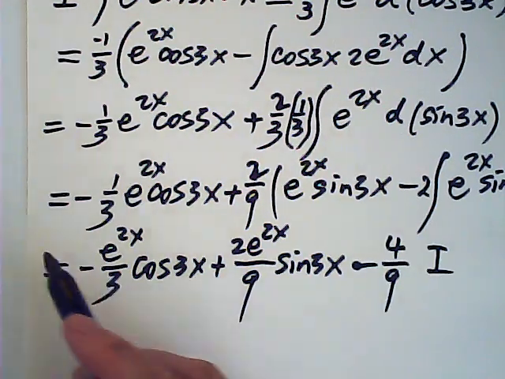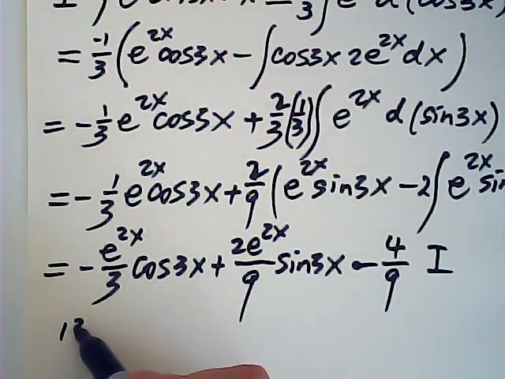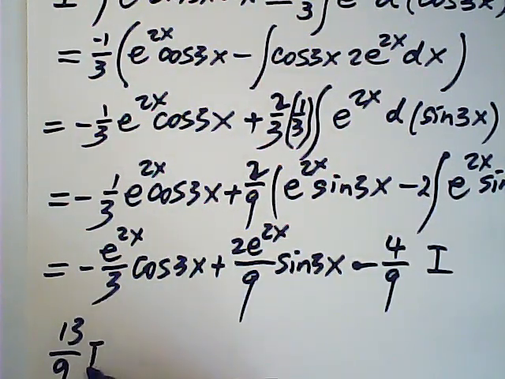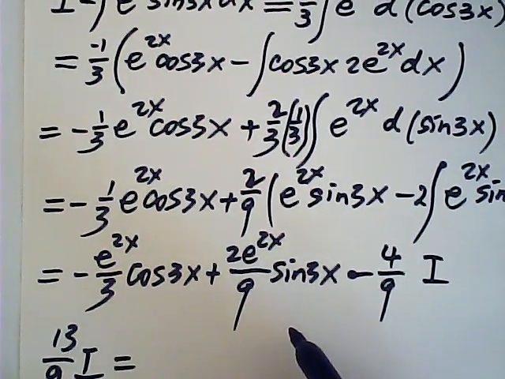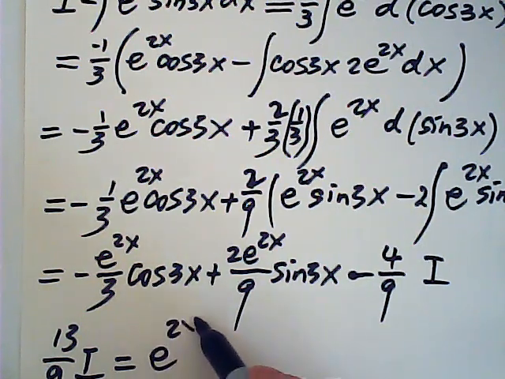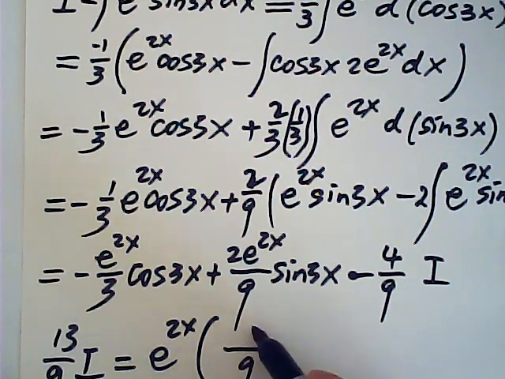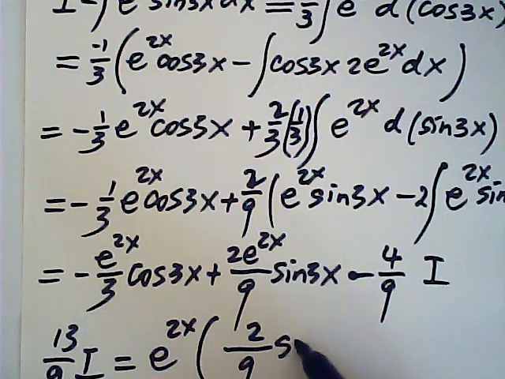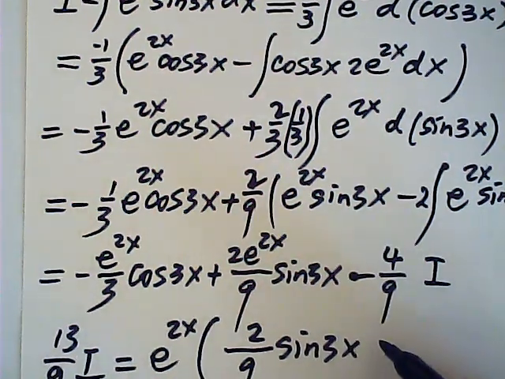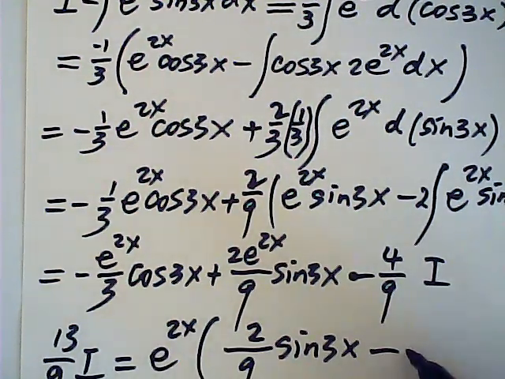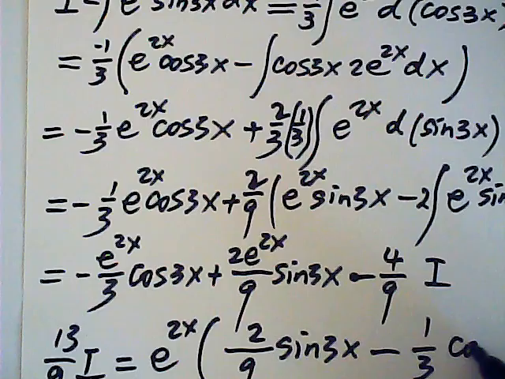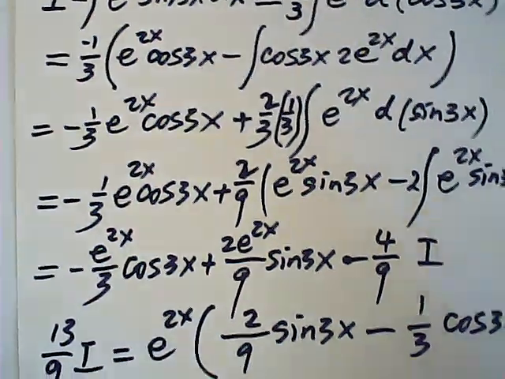Then I move this one, 13 over 9 I is equal to, this is a common factor. I write the positive first: e to the 2x times 2/9 sine 3x minus 1/3 cosine 3x plus c.